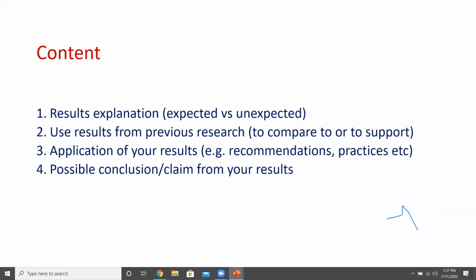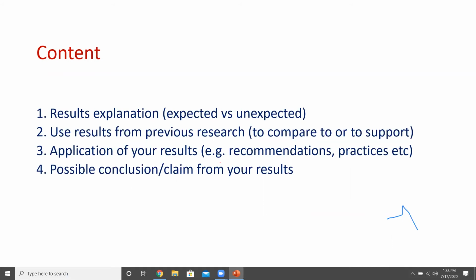Or you can support your results by mentioning prior research. Maybe your research shows results that are consistent with prior research, and it adds to the evidence. So that's a form of support.